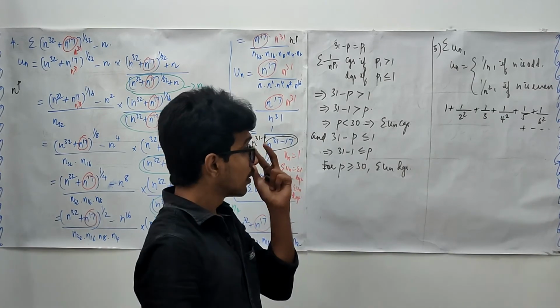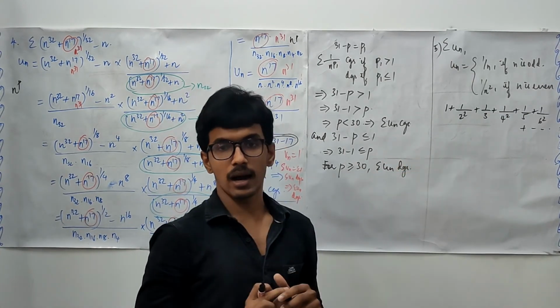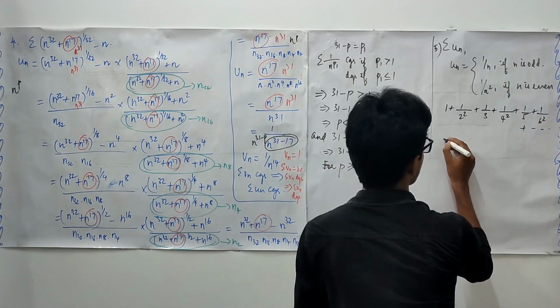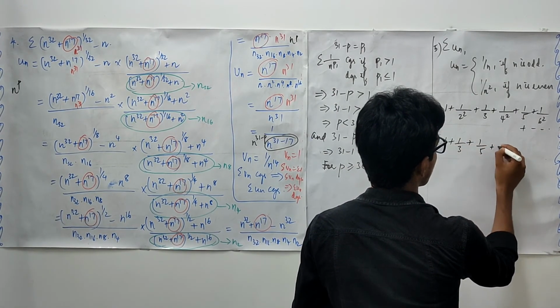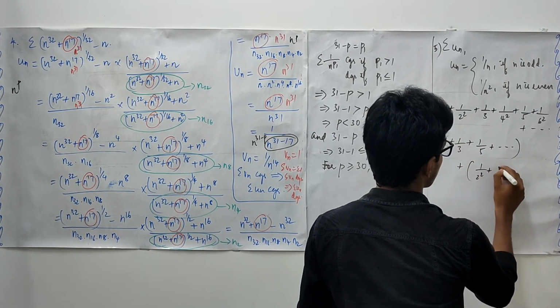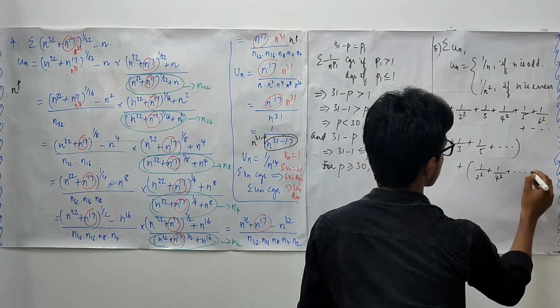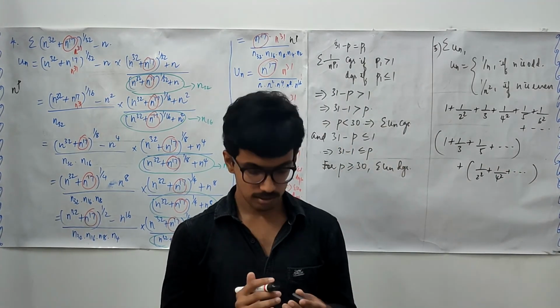Right? Here, let me take only the odd terms. Okay? That is 1 plus 1 by 3 plus 1 by 5, and it goes this way, plus 1 by 2 square plus 1 by 4 square plus this thing. This is my given series, right?